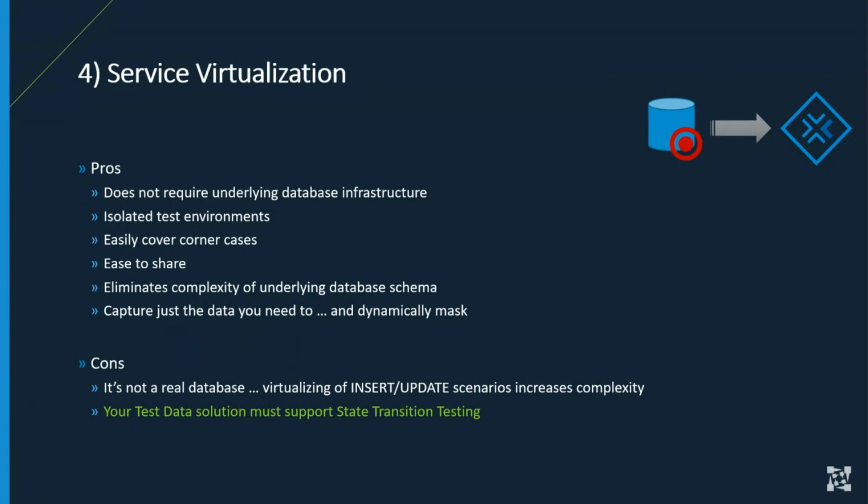So with service virtualization, the key pros here, number one, it doesn't require an underlying database infrastructure. You may still see teams actually use a database for housing their test data, right? The key thing here is it does not require an underlying database infrastructure. You can maintain your test data in various other types of external sources. Those could be CSV files.